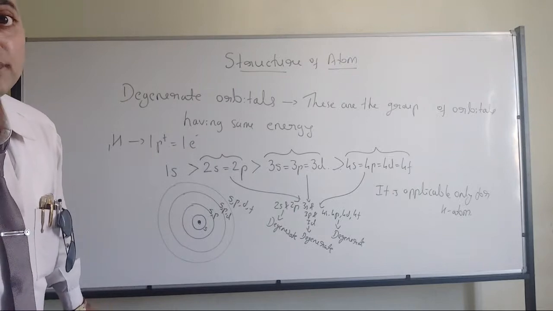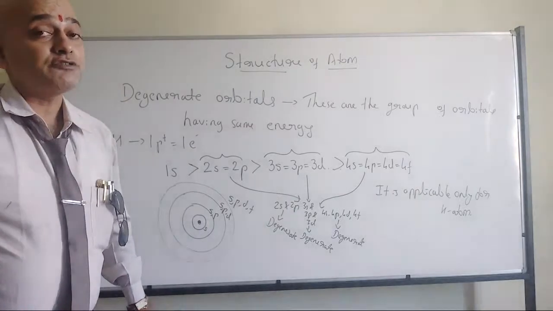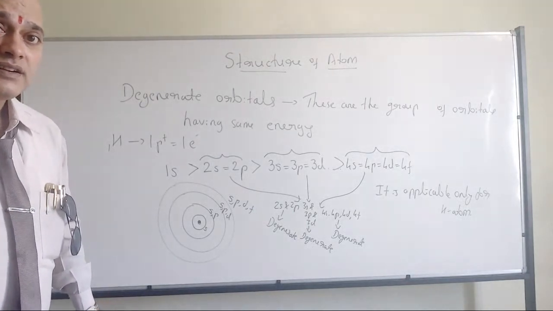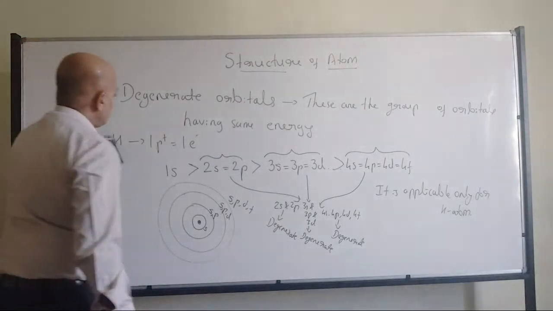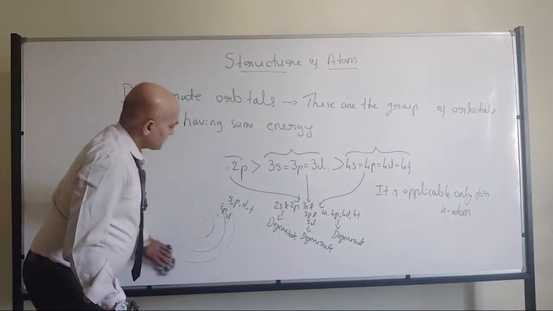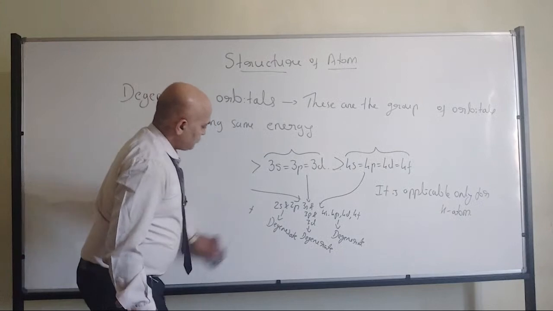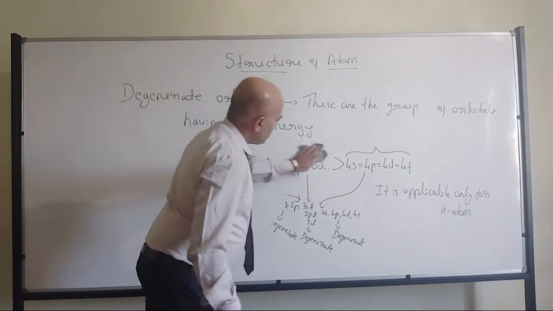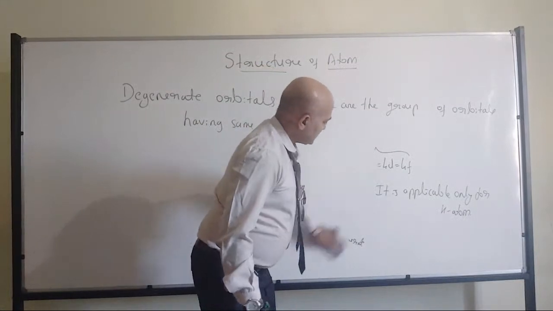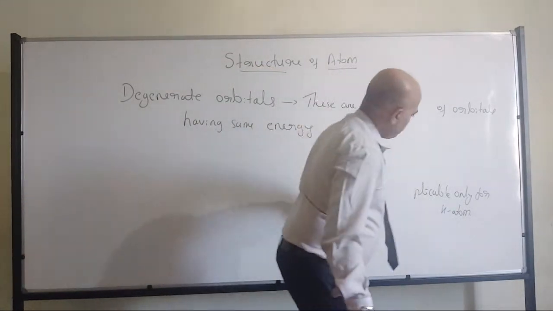Then only it will be correct. Otherwise, it will be a very wrong statement. All of you have understood? Shall I move to the next one? For hydrogen, we have seen what the degenerate orbitals are.